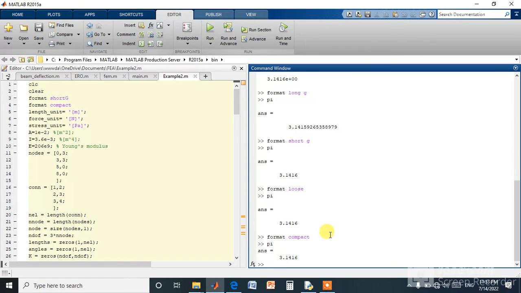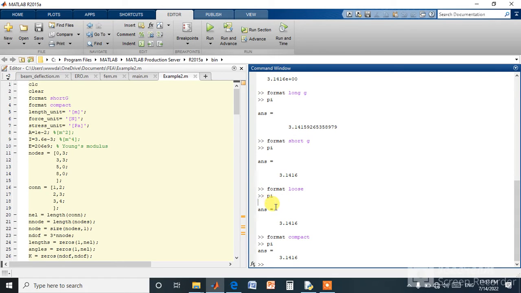Now, what can you see that is different in these two solutions? Observe that in the loose format, we have blank spaces in between lines of code. If you observe very well, there's an excess line between the pi and its answer, and between the answer and the numeric value in the loose form.